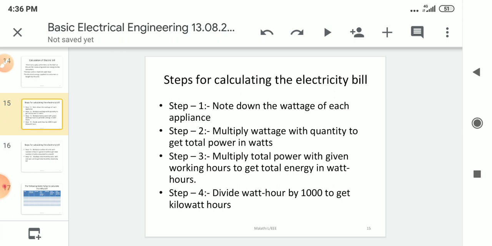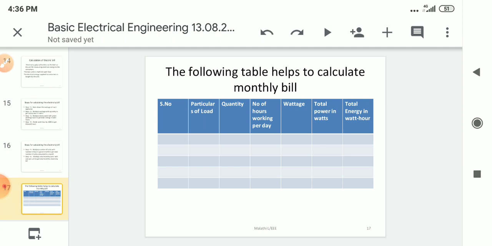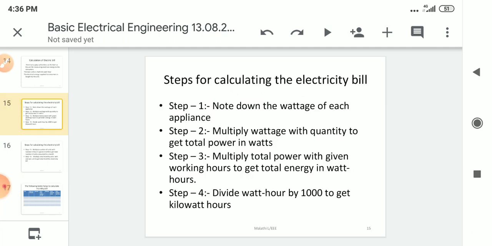Just go through these simple steps. If it is clear, then we will be ready to solve some numerical problems on this.